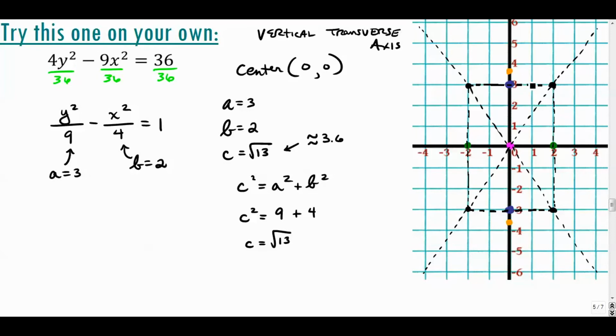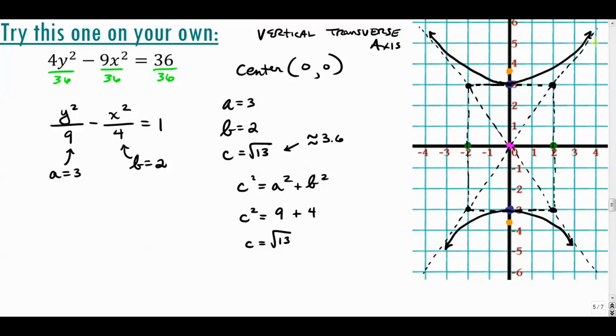So it's going to go through the vertex, shape towards each asymptote, and kind of wrapping around the focus. So let's see how I can do with this. Not too bad. I'll put arrows on the ends. Down here, again through the vertex. Not too bad. Alright, cool.